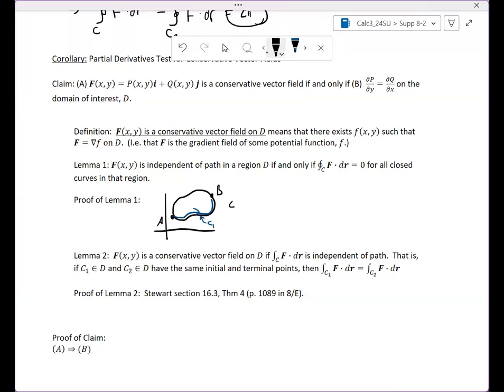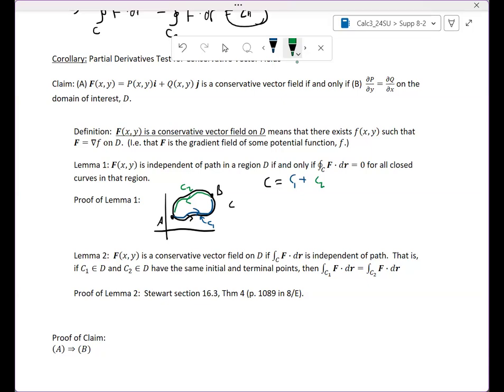Let's say that C is positively oriented. That's going that way. And a C2 over here. So I have that C equals C1 plus C2.